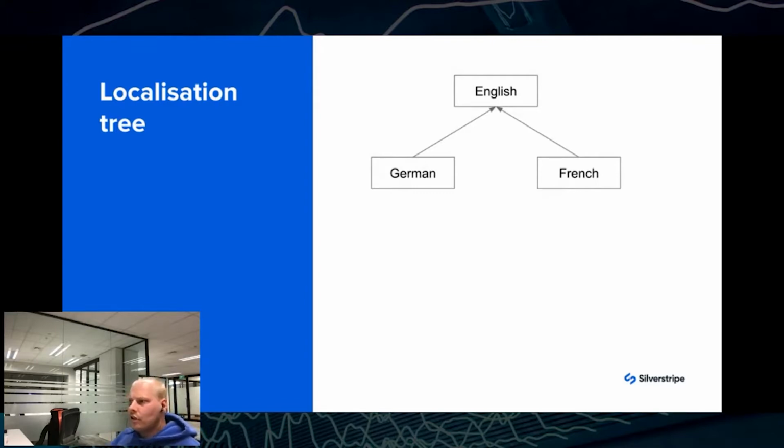Configuration of this tree directs the Fluent module when presenting localized content to the website visitor. So, for example, if a website visitor visits a page within the German locale, the content served will be coming from the German locale in case such content is available. Otherwise, it will fall back to the English locale. So that's what happens in this particular example.